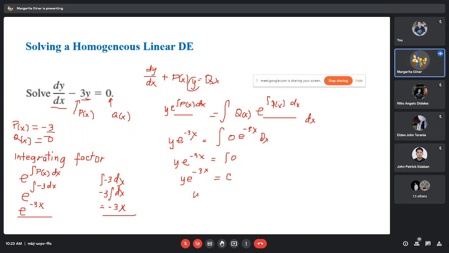Para ma-solve nyo ang linear nga ordinary differential equation, y is equals to c over e raised to negative 3x. So again, 1 over e raised to negative 3x, pwede mo ni siya maobra. Kung i-transpose mo ni siya sa babaw, mahimo na siya nga e raised to 3x, ma-positive siya. Diba? So, meaning to say, your final answer here will be equal to c e raised to 3x. So, this will be your final answer.